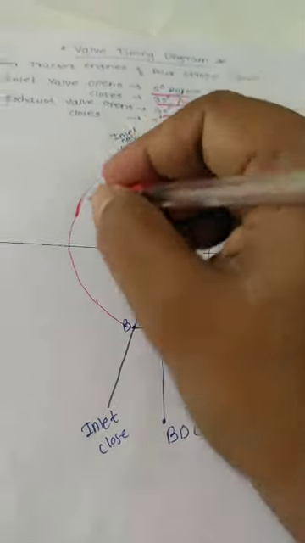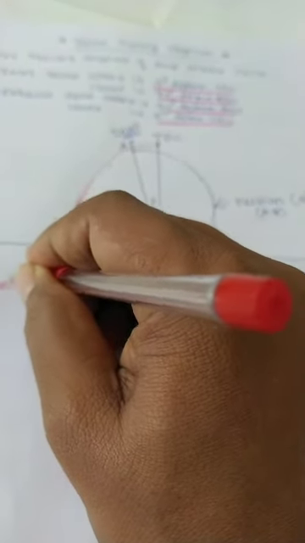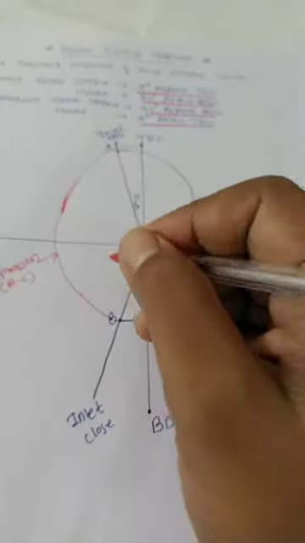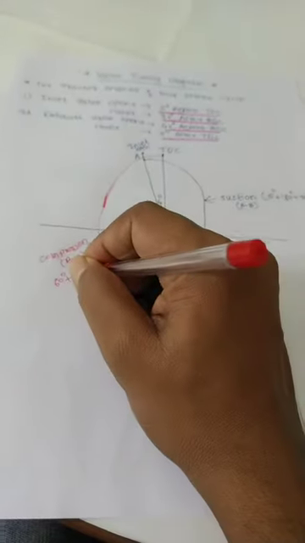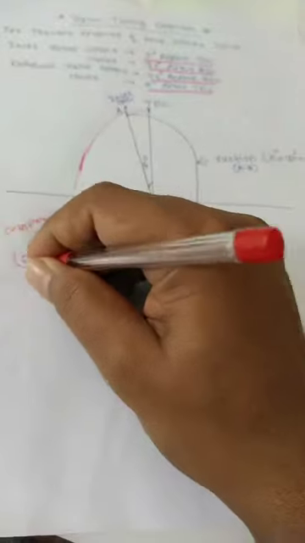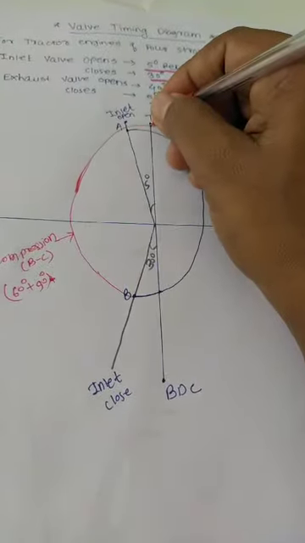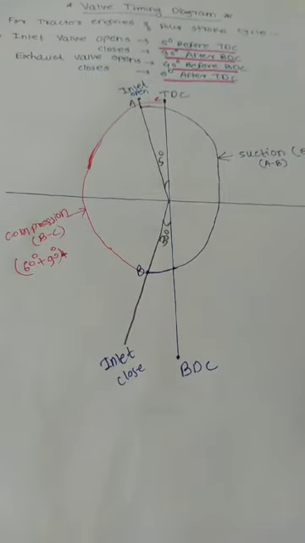So this is our second stroke, the compression stroke, from B to C, and the angles are 30 degree plus 150 degree. Here is the B point, and this point is the C point.